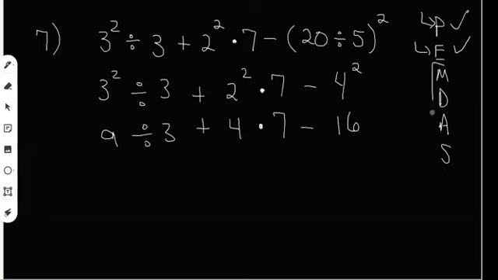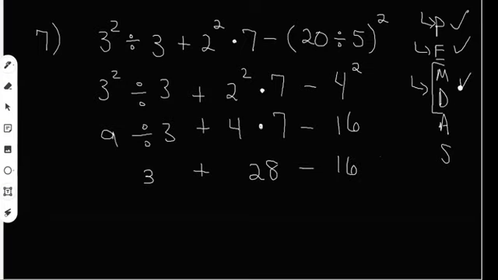Now we move on to multiplication and division. And we do this from left to right. So starting on the left side, we have 9 divided by 3. That's just going to give us 3. I keep the plus the same. And now let's move on to multiplication. 4 times 7 is 28. And I bring down the minus 16.